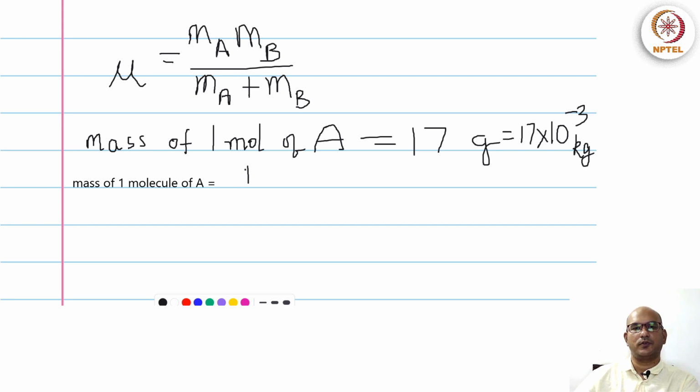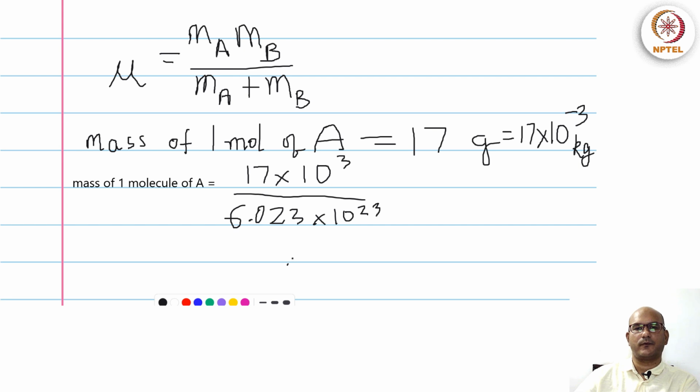So mass of one molecule of A would be 17 into 10 to the power minus 3 divided by Avogadro number, 6.023 into 10 to the power 23.